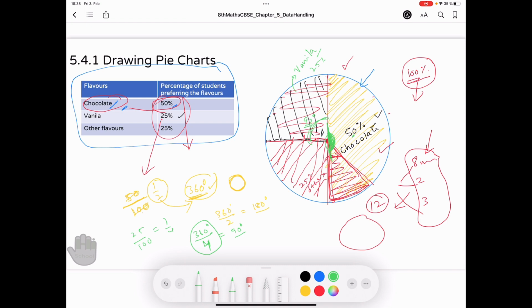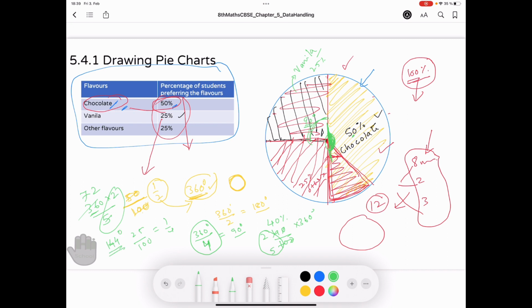Similarly, for example, if it is 40%, then 40 is nothing but 40 divided by 100, which means it is 2/5 of 360 degrees. So 360 into 2 divided by 5: 72 into 2 is 140 plus 4, 144 degrees.